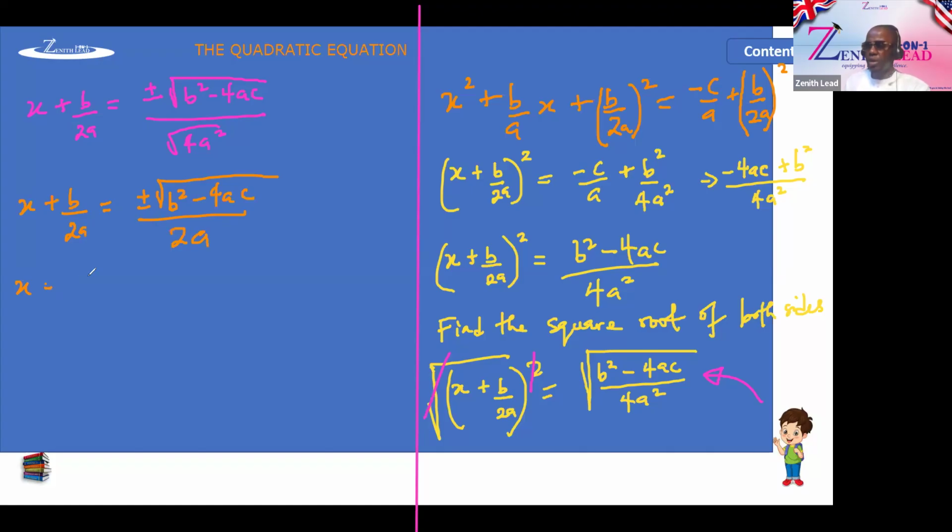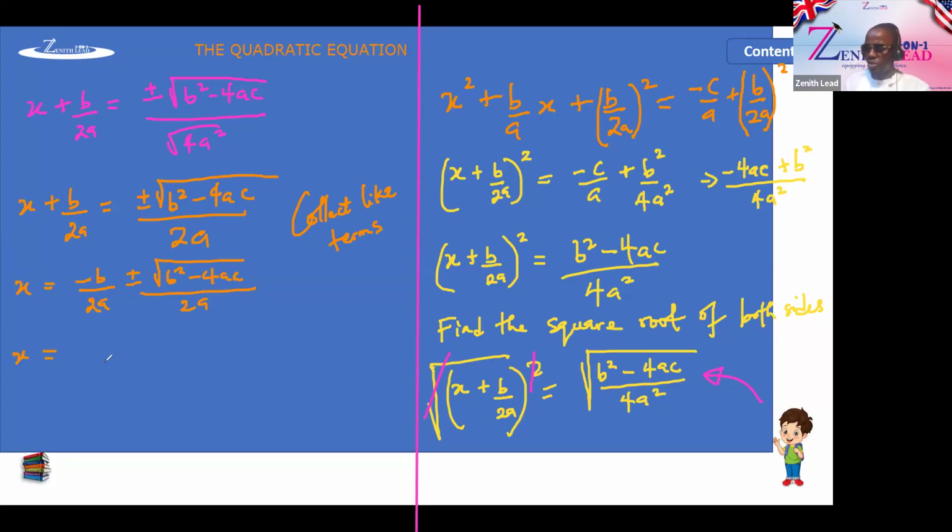Then x will be equal to, collecting like terms, that's what we're doing now, minus b over 2a plus or minus the root of b squared minus 4ac all over 2a.